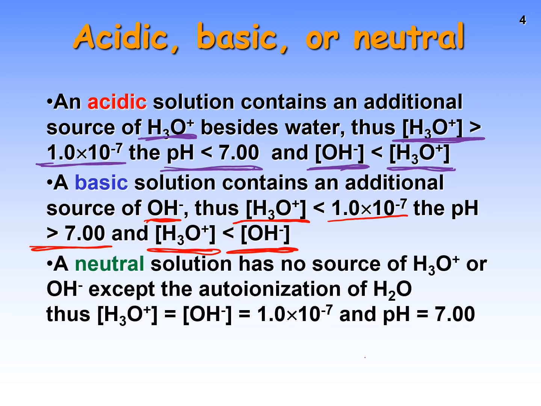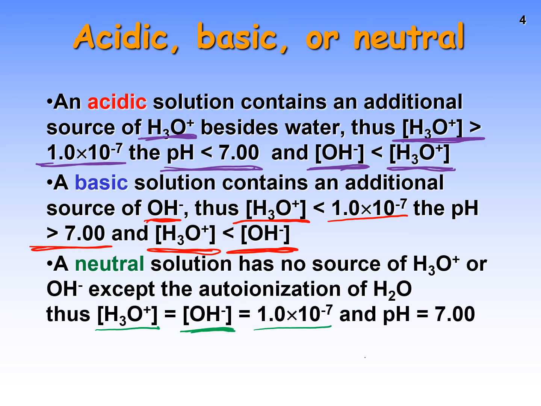Finally, we have our neutral solution. Neutral solutions have no additional source of H3O plus or OH minus except the autoionization of water. Because of this, our H3O plus concentration and OH minus concentration are equal, and they are both exactly 1 times 10 to the negative 7, again, at 25 degrees Celsius.